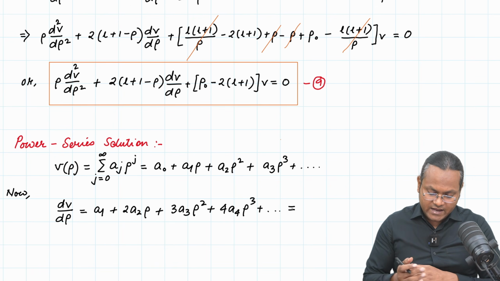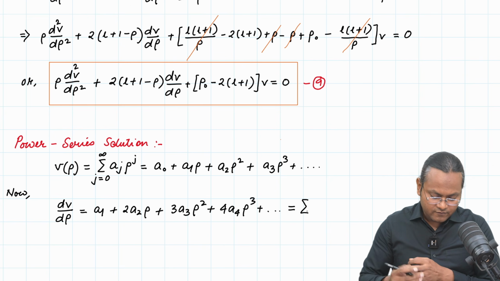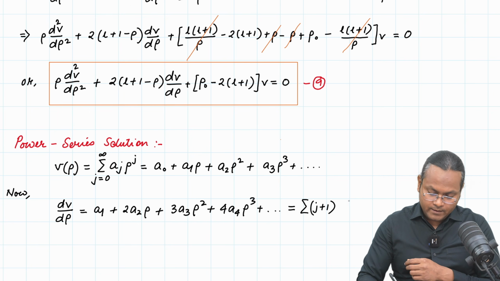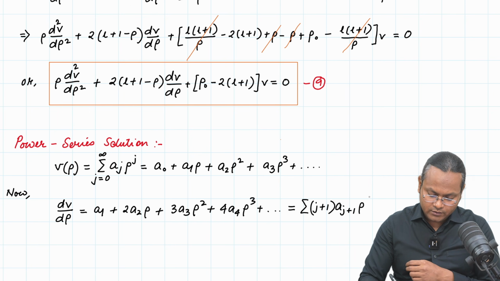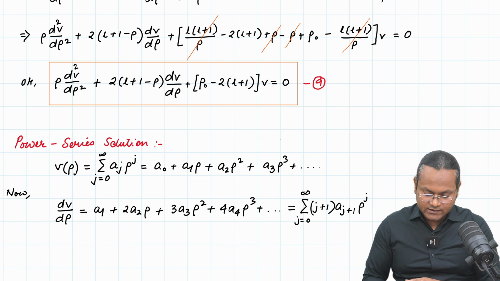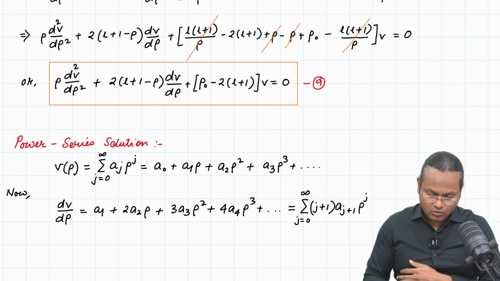Which can be written as a summation of (j plus 1) a_(j plus 1) rho to the power j, here j going from 0 to infinity. You can check that you will get these terms only, right? (j plus 1) a_(j plus 1) rho to the power j.